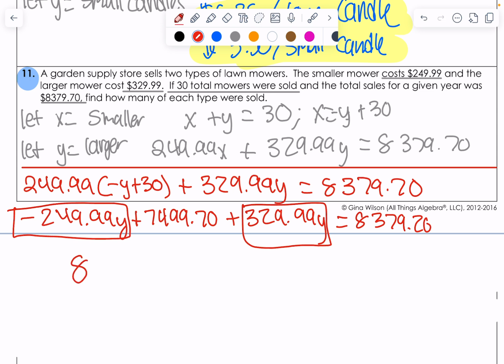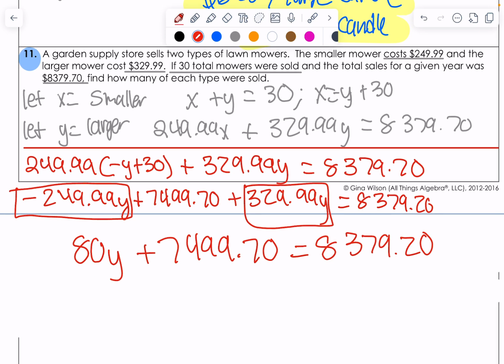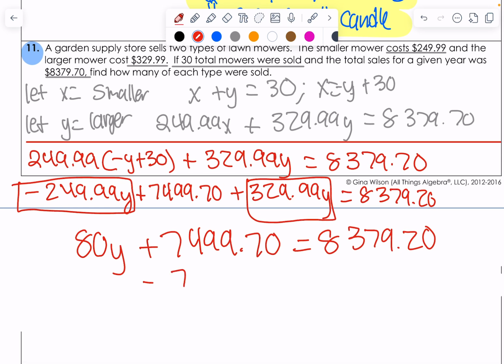We should be left with 80y plus $7,499.70 has to be equal to $8,379.20. Again, to solve this for y, let's just subtract $7,499.70 from both sides. That's a mouthful. And see what we get.